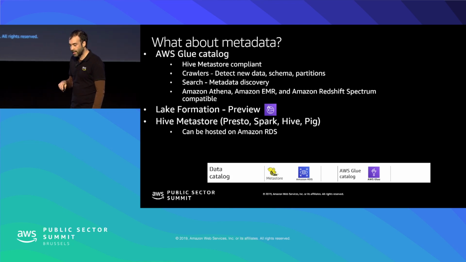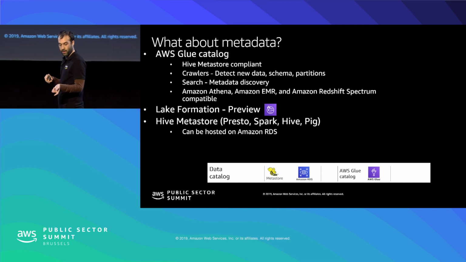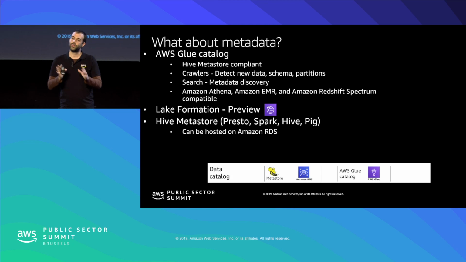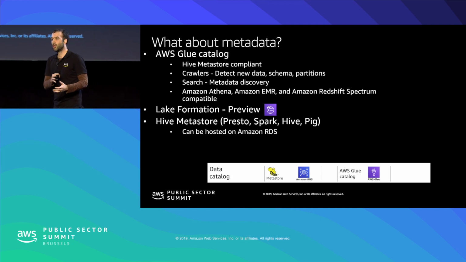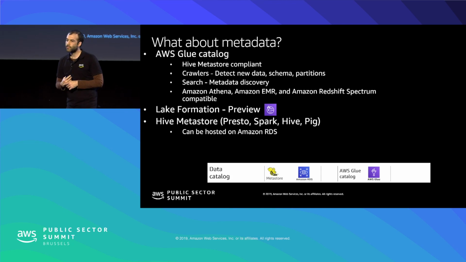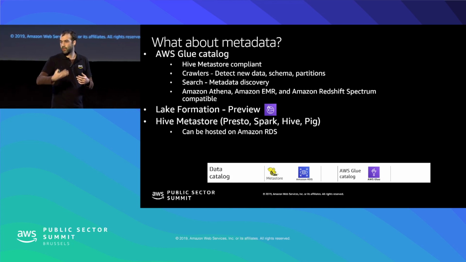When it comes to data lakes, you still have to go to a few places to create one. We've discussed S3 for the storage. We've discussed the metadata, the Glue catalog. There is also IAM, identity and access management, to do security.